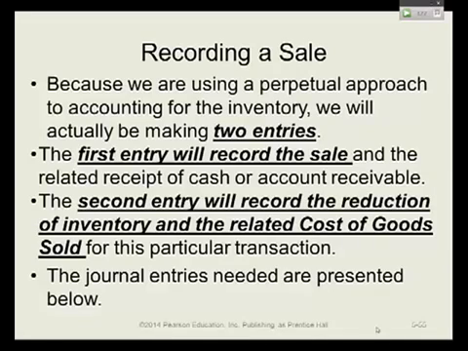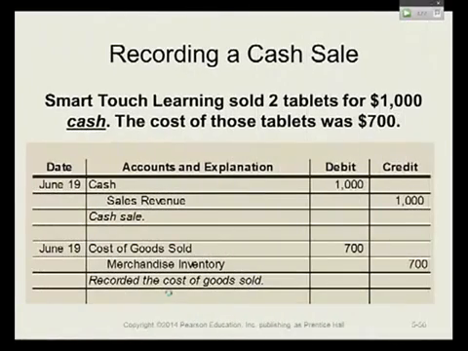So the 2 entries you would make, if you sold this for cash and you sold 2 tablets at $500 each, you'd have a debit to cash and a credit to sales revenue for $1,000. Cost of goods sold is given at $700. Actually, you should note back from the purchase invoice that if you sell 2 of those items, the purchase cost was $350.